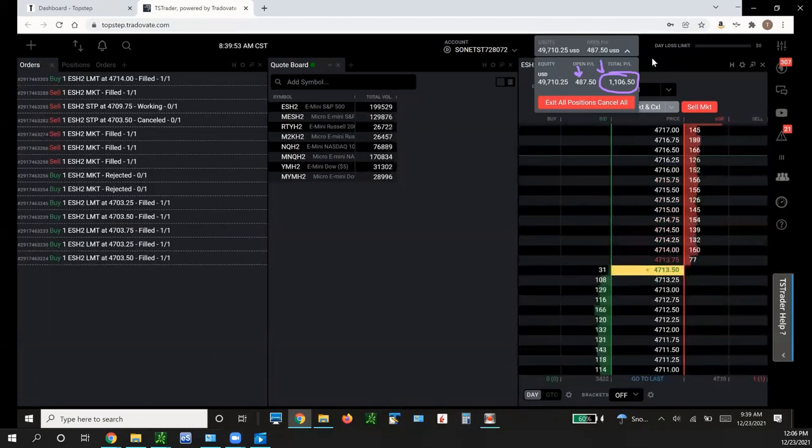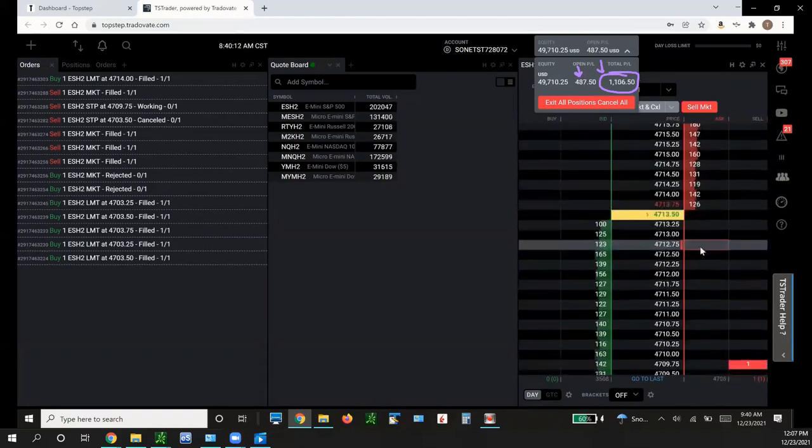Now you can see it start to pull back. Again, those are orders in other accounts. And you can see it getting closer and closer to my stop.